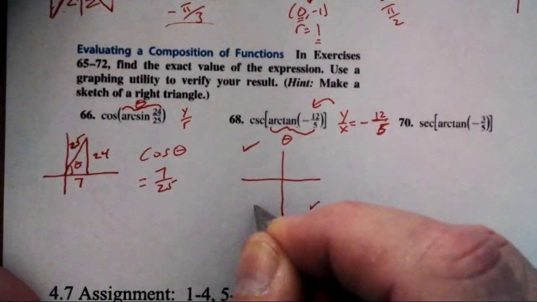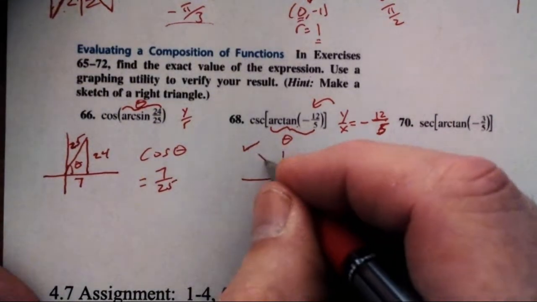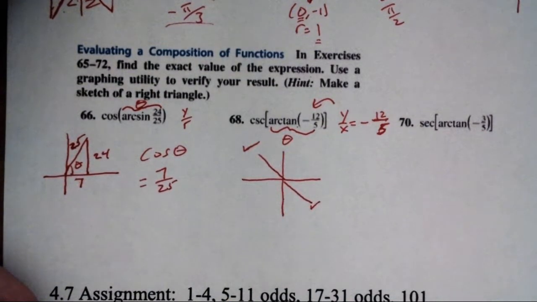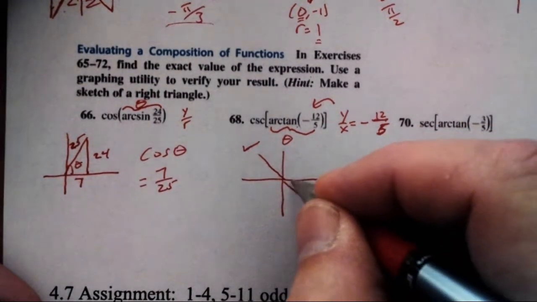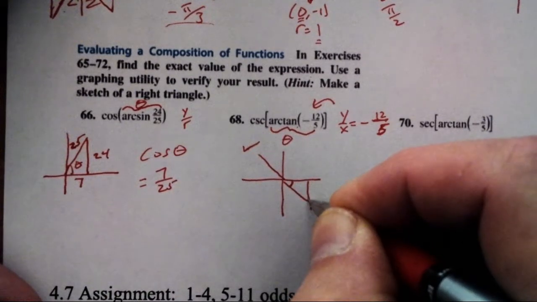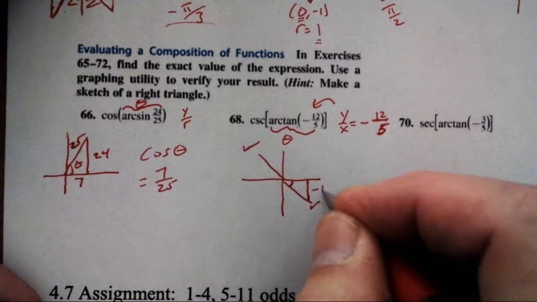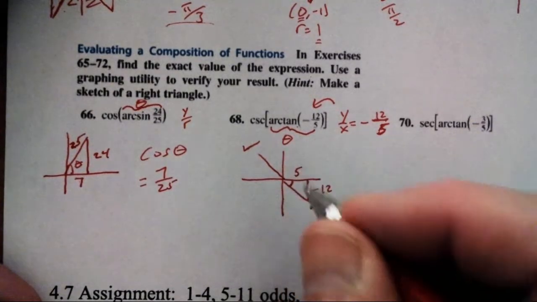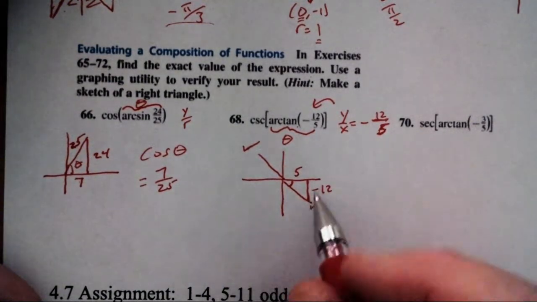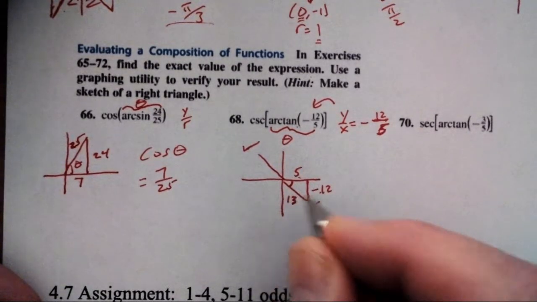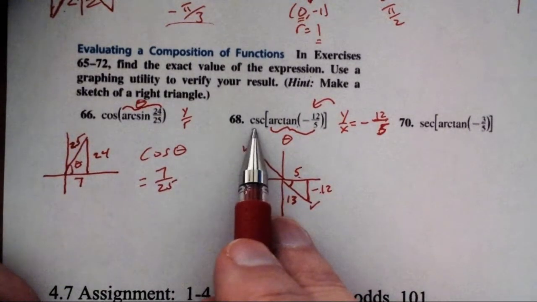They're all positive here, tangent's positive here. So I could either build a triangle here or build a triangle here. I'm not trying to represent that as a 45. I'm just building a triangle. But we stay close to 0. Big key in this section. That's y, -12 on x, 5. That's a triple. This is 13 Pythagorean, and we want cosecant.